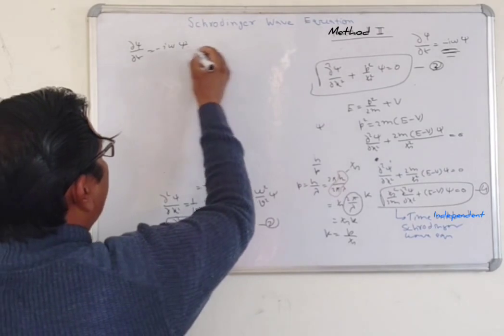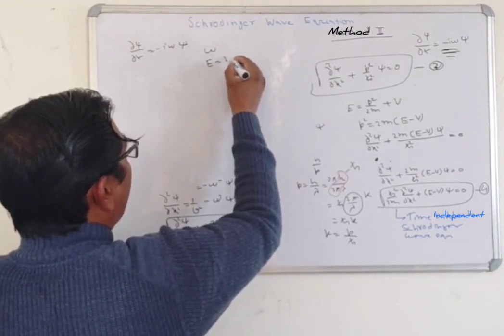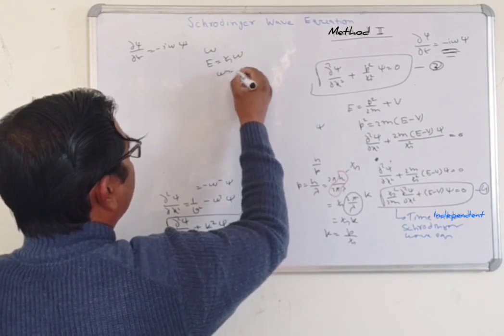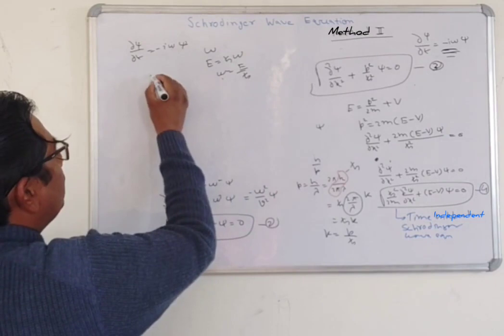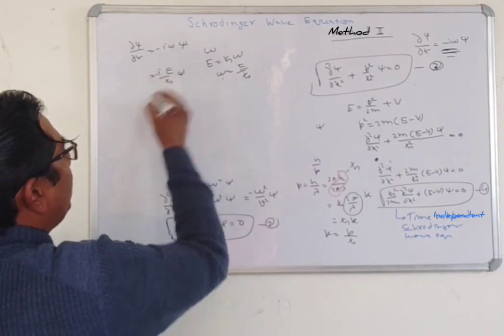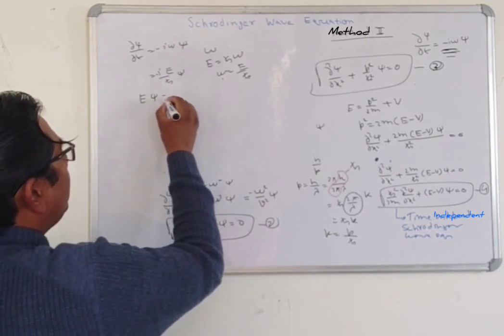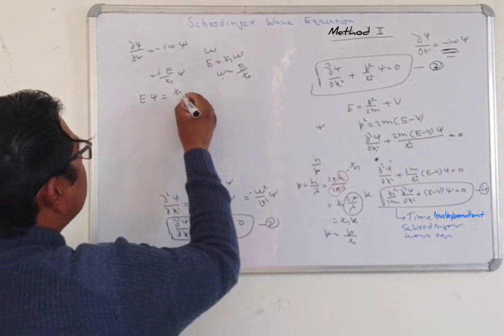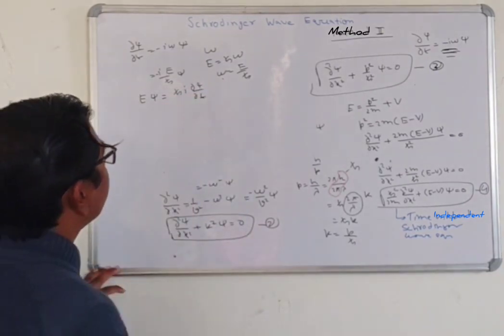Now we will put the value of omega with the help of the Planck constant. E is equal to h cut omega, and omega is equal to E upon h cut. When we put this omega value here, it gives minus i E divided by h cut psi. We can write that E into psi is equal to i h cut d psi by dt.